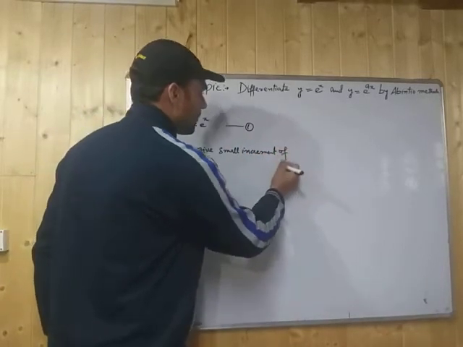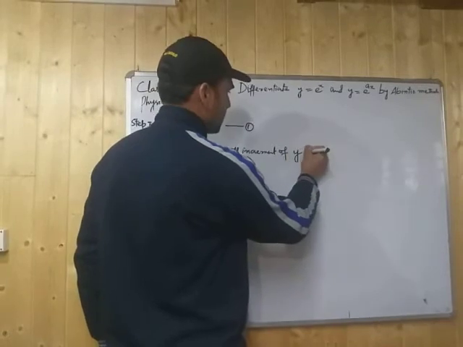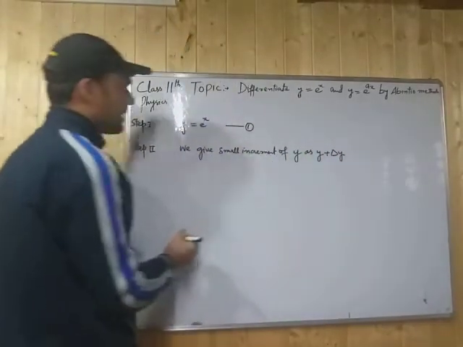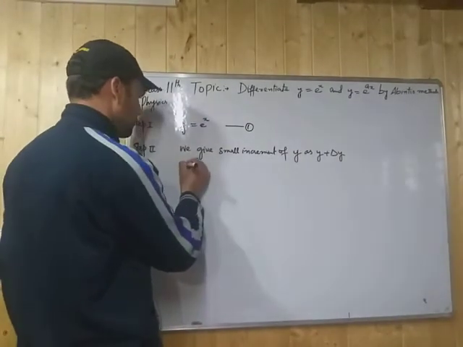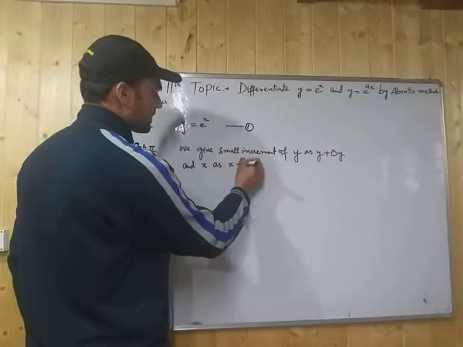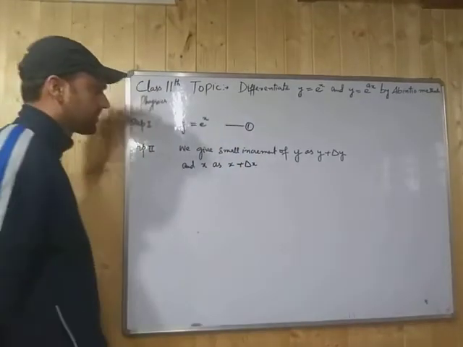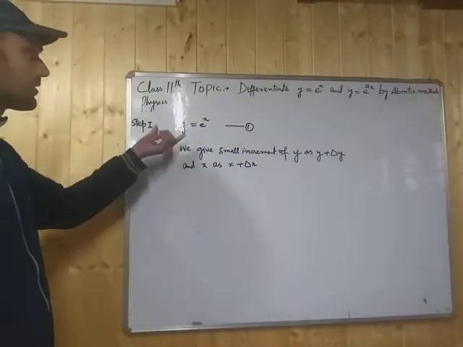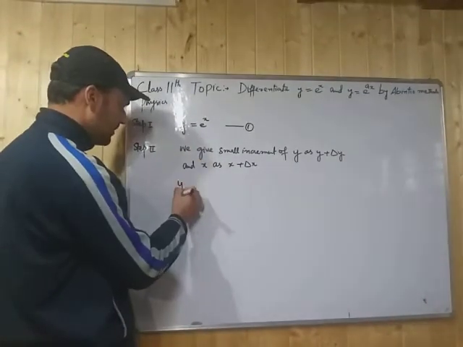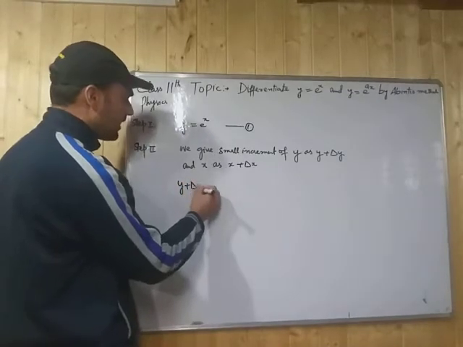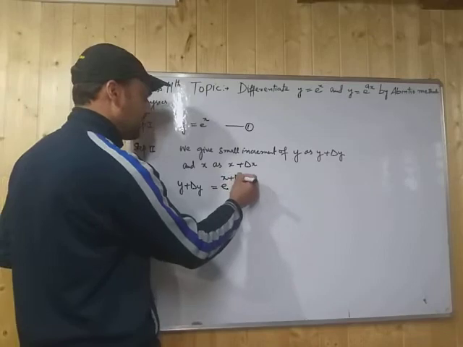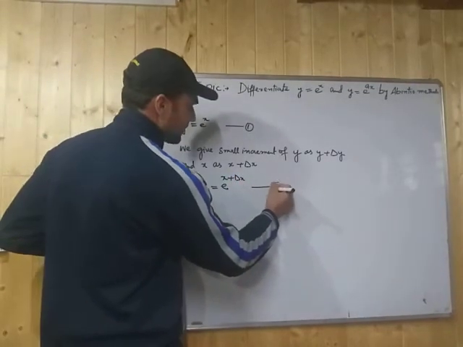So we'll apply the increment here. So here y plus del of y is equal to e raised to power x plus del of x. So this is equation second.